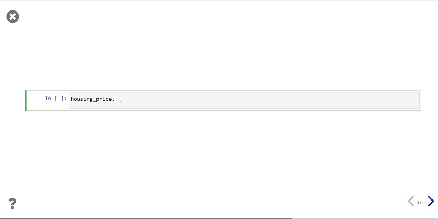What is the function? You all remember? We did it a few times, right? We just did it in our previous class also. That shows you the standard deviation, min, max. Describe. Yes, very good. It's describe.